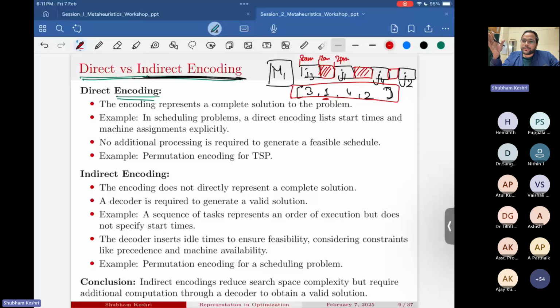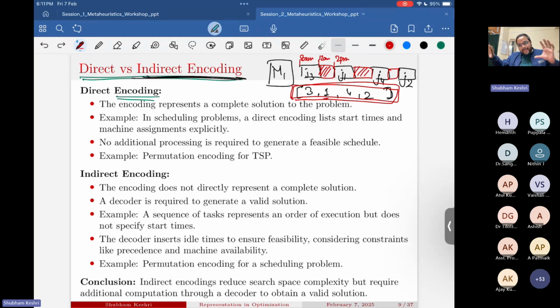That information will be given by the decoder. That is the indirect encoding. There has to be some function which takes this as input and gives you the complete solution. It will say job 3 starts at this time, ends at this time, there is some idle time, and then job 1 starts, then job 1 ends, and there is some idle time, and so on and so forth.